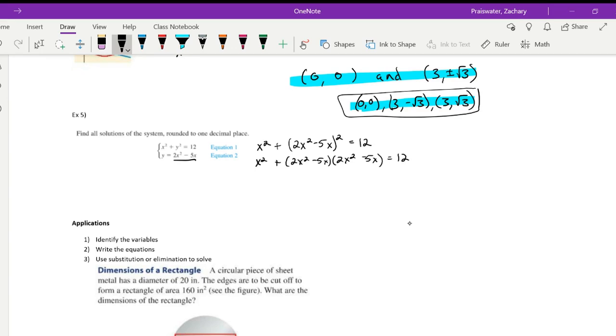And then when we multiply these out, we get x squared, and then plus 4x to the 4th, and then minus 10x squared minus 10x squared gives you minus 20x squared, and then plus 25x, or wait, this would be x cubed in the middle, 25x squared. And then let's move the 12 over to make it minus 12.